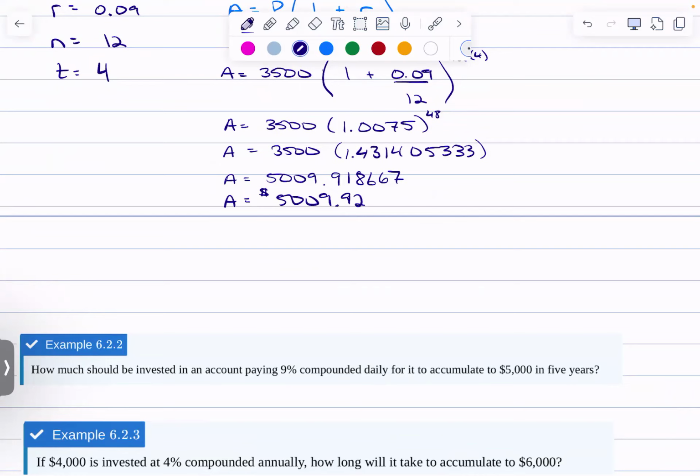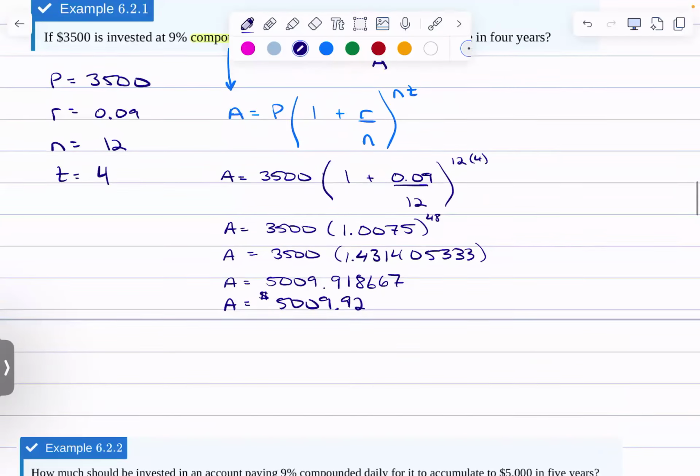That seems like a lot. Generous interest rate. Let me just make sure I did it right. 0.09 divided by 12 plus 1, to the power of 48. Can't believe my eyes. I did it right.